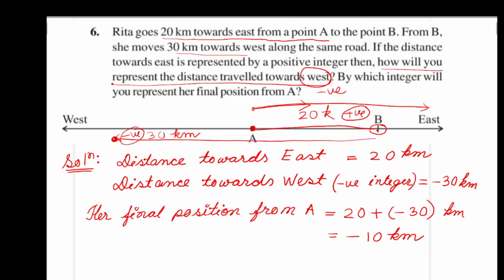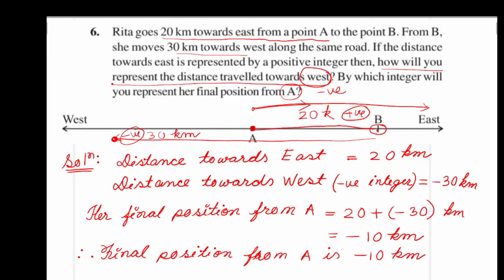It is negative. We will represent by negative. And by which integer will you represent her final position from A? So her final position from A is, hence, minus 10 kilometer. Okay, so for today that's it.